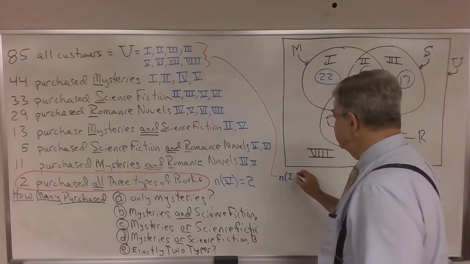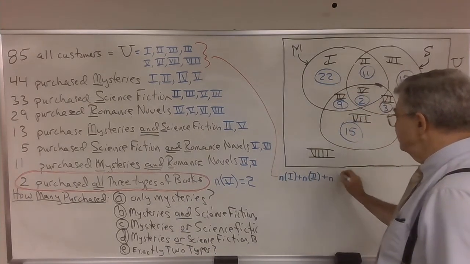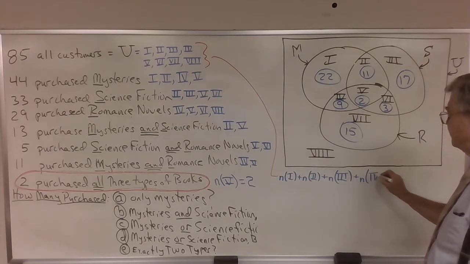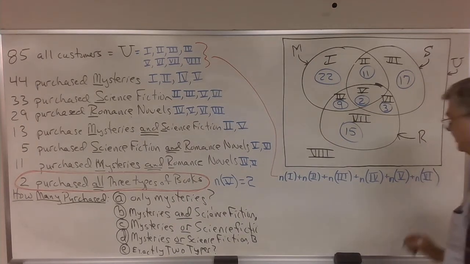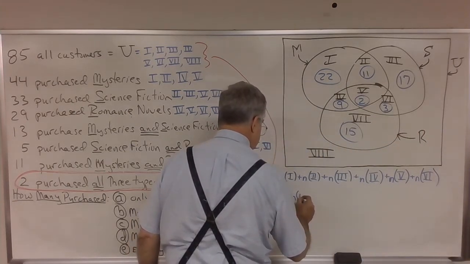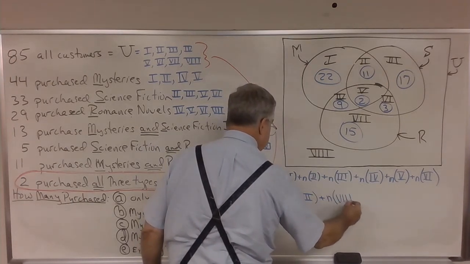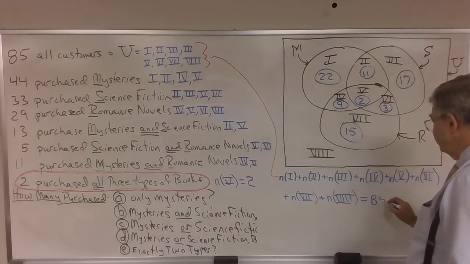Number of people in region 1, number of people in region 2, plus number of people in region 3, plus number of people in region 4, plus number of people in region 5, plus number of people in region 6, plus number of people in region 7, plus number of people in region 8 equals 85.